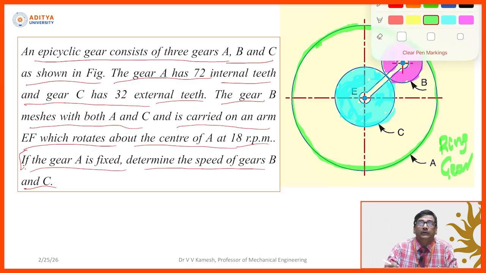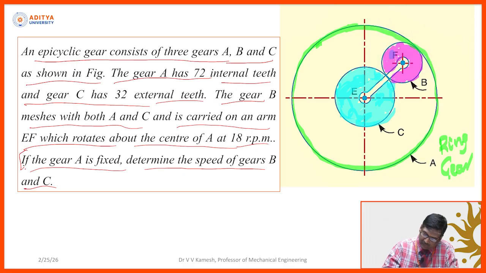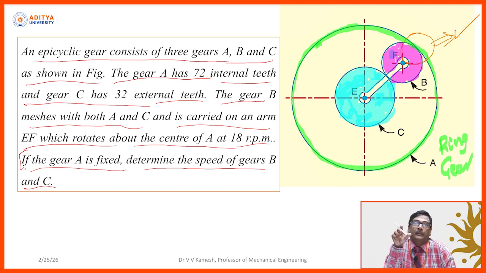Now, how will gear A rotate? I will show you. I am taking just this small part, the meshing between B and A, at the last right side part. So, these are the gear teeth, which I am drawing at the bottom.